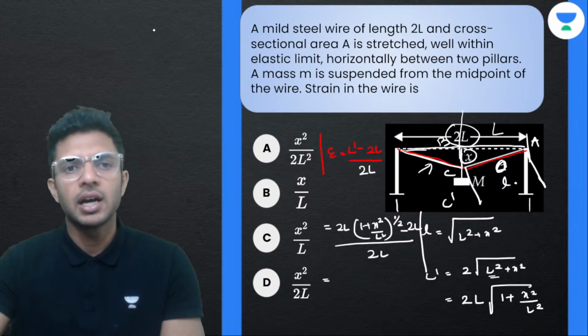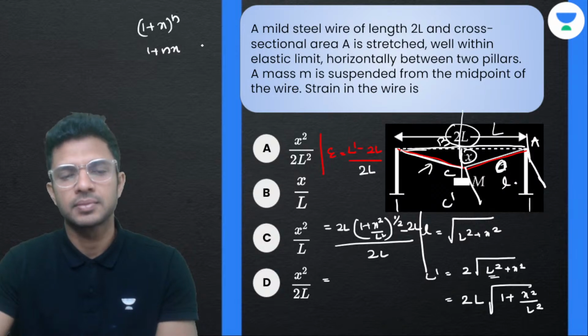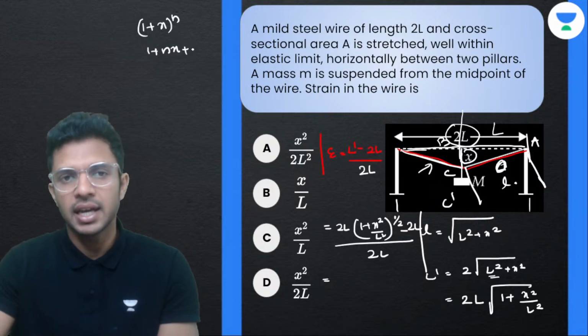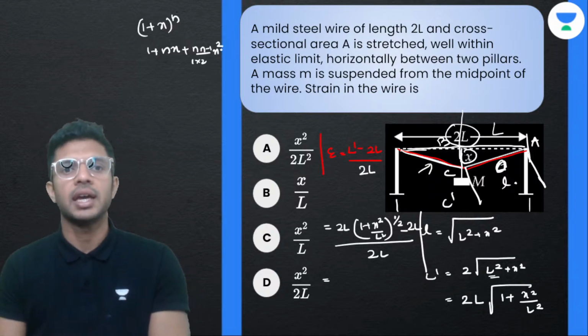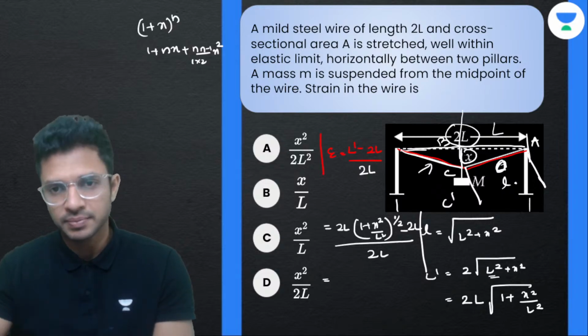Now let me ask, how many of you do remember this binomial part? 1 plus X the whole raised to N is equal to 1 plus NX plus N into N minus 1 by 1 into 2 times X square. Matlab it keeps on going like that. Do you remember?